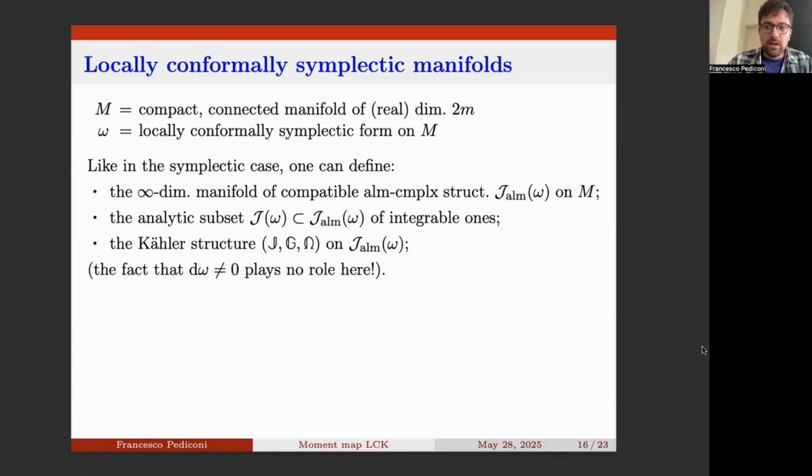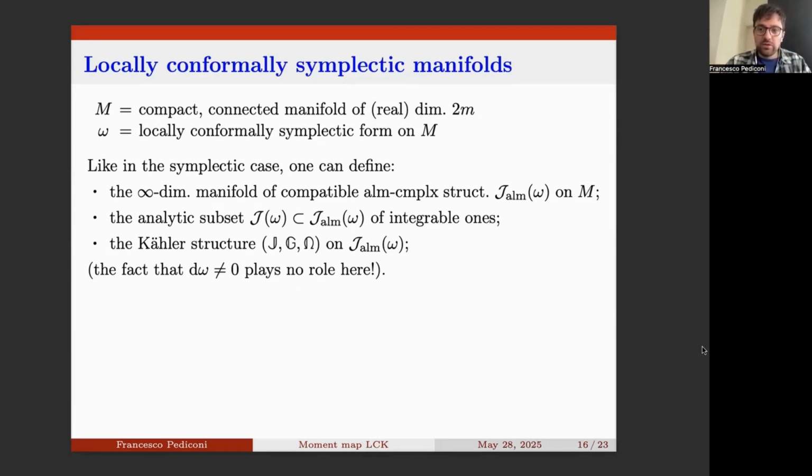Okay, and well, again, if you remember in the Donaldson-Fujiki framework, the idea was to look at those almost complex structures that were compatible with omega, and then we defined a tautological Kähler structure on this infinite dimensional manifold.